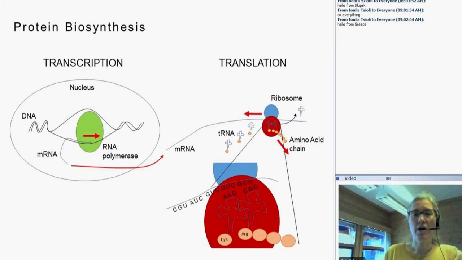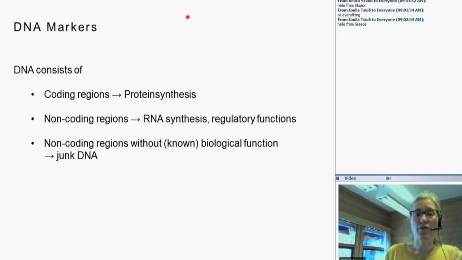For example, I guess many of you have heard of the term sickle cell anemia, where the red blood cells are formed differently, abnormally formed, and they cannot carry oxygen because of that. And this sickle cell anemia is due to a mutation in the coding region for a specific protein that is involved in building up the red blood cells.